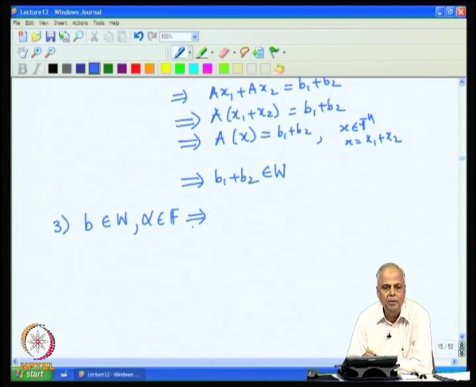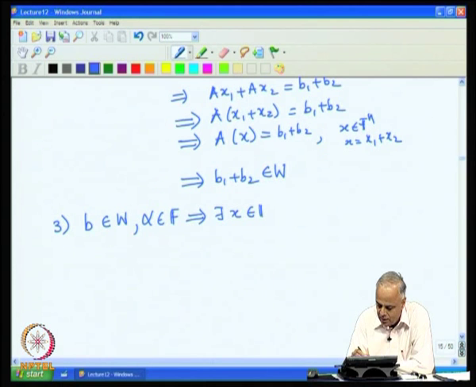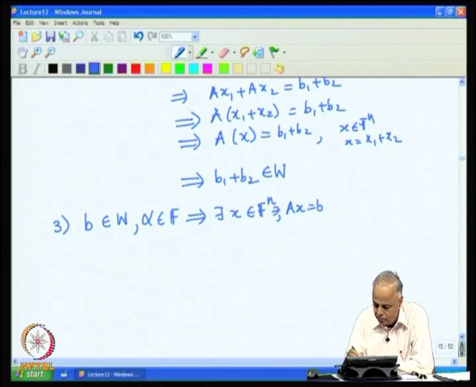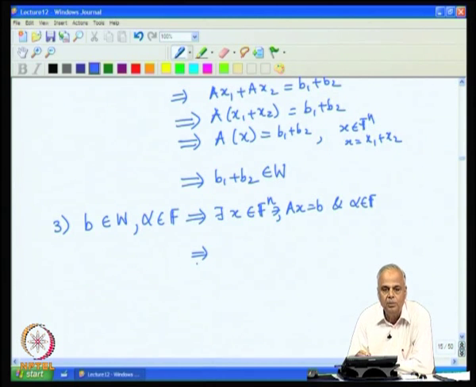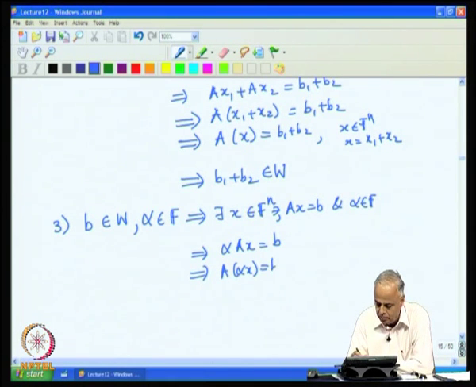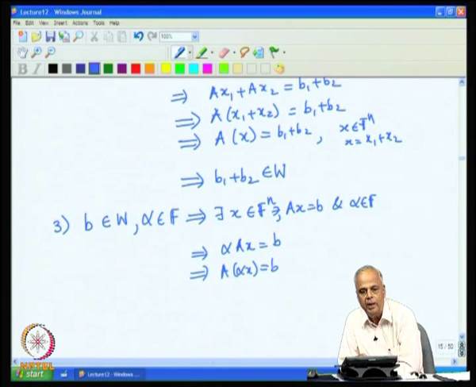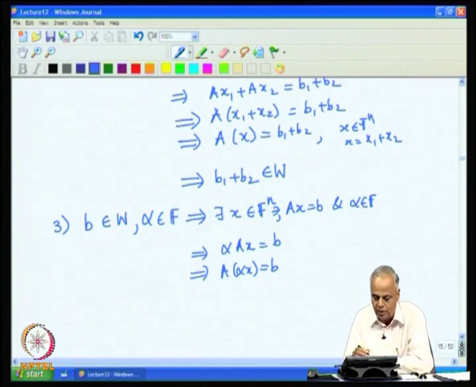The fact that B is in W guarantees that there exists an x in Fn such that Ax equal to B, and of course, our alpha is in F. Since Ax equal to B, we see that alpha times Ax equal to B, which in turn says A times alpha x equal to B. Now, x is in Fn, alpha is in F, and therefore, alpha times x is also in Fn.